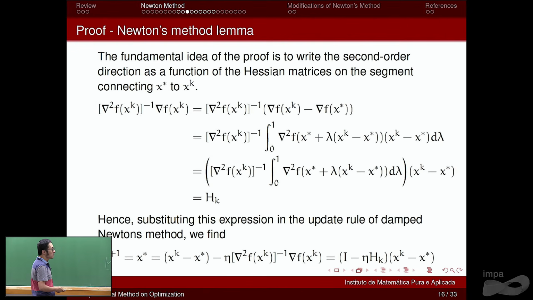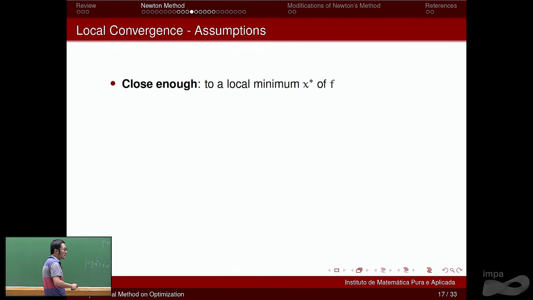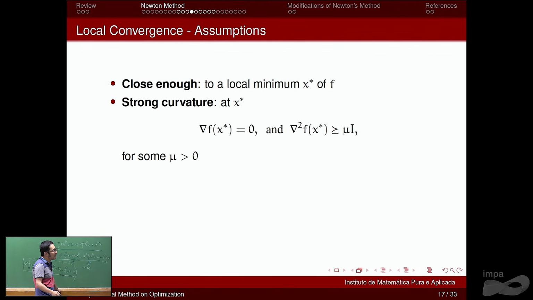So the first assumption is that you have your initial point close enough to a local minimizer of f. Then you have strong curvature at the solution.